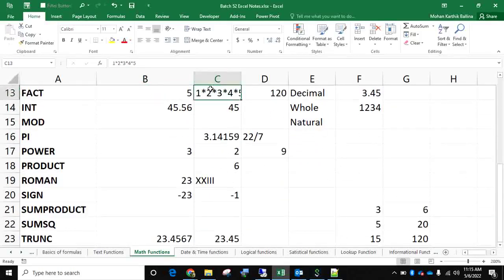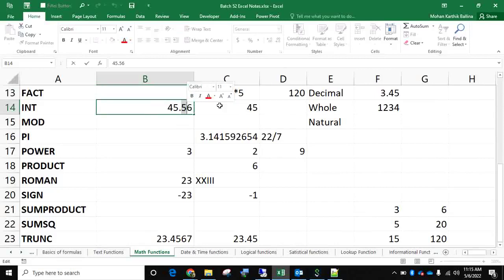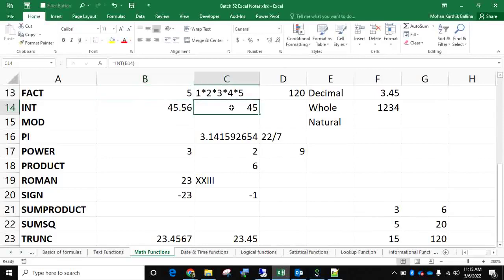Factorial: 5 factorial is 1 into 2 into 3 into 4 into 5. INT: if you have given some decimal number, then it rounds to a normal integer. And PI, 2 pi r square, that's the pi value.